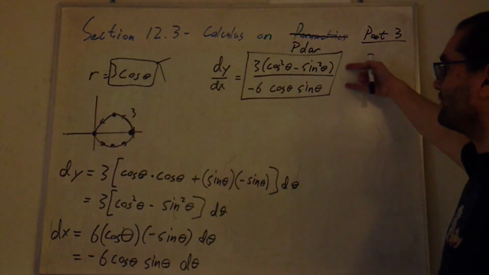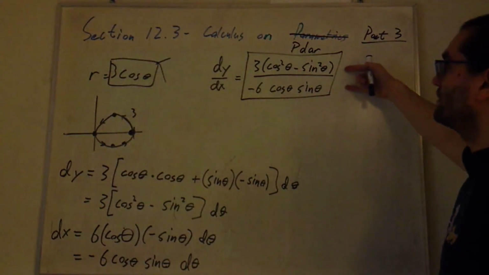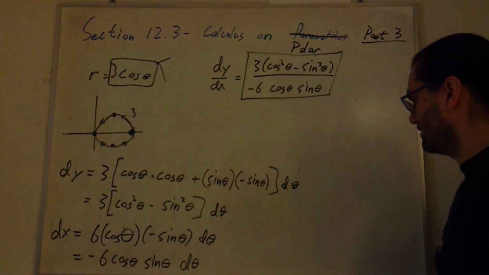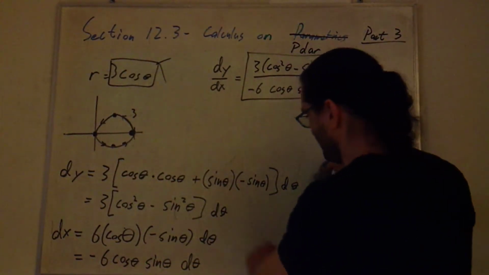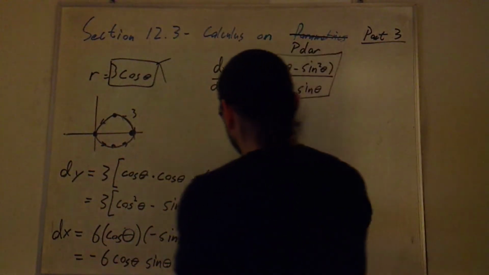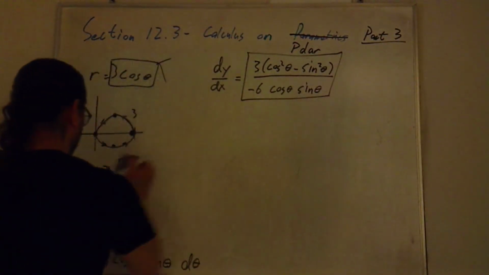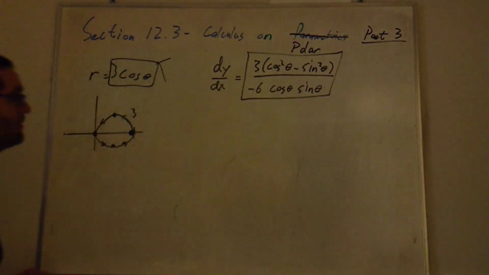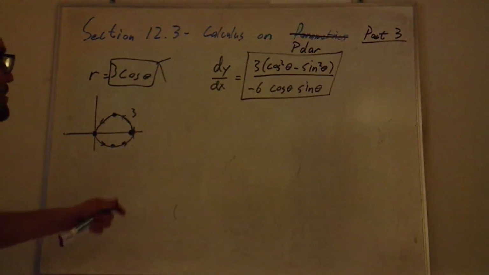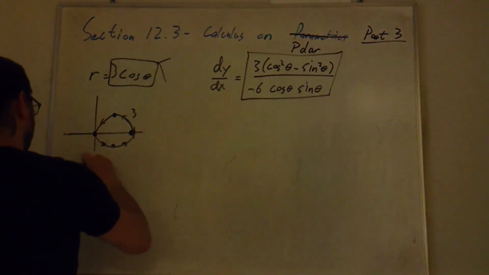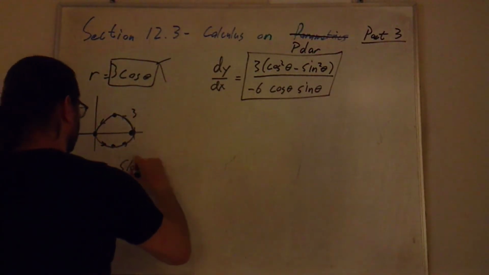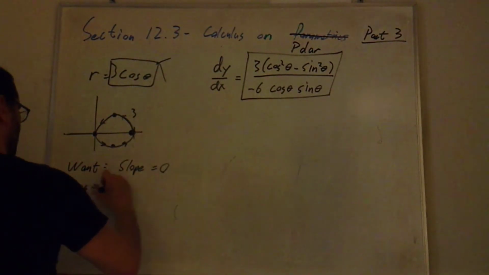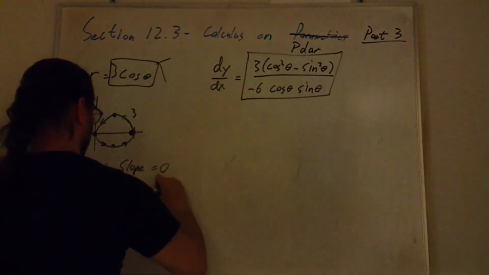If we want the derivative to be 0, that means we have to set the numerator equal to 0.